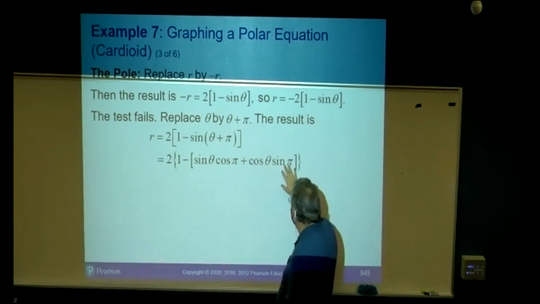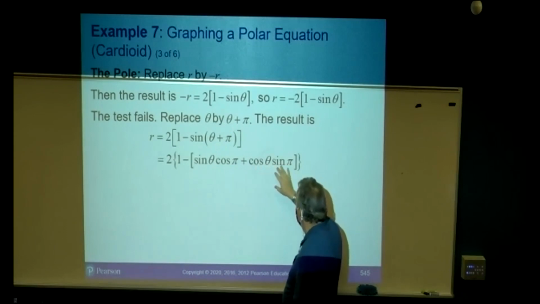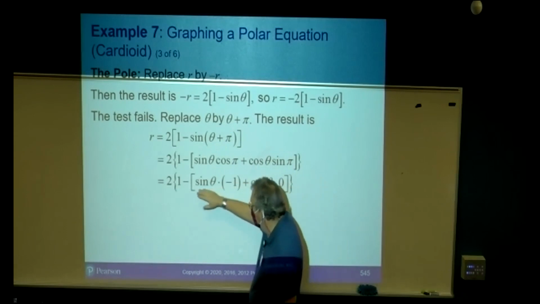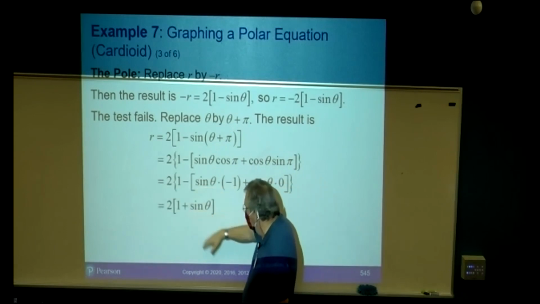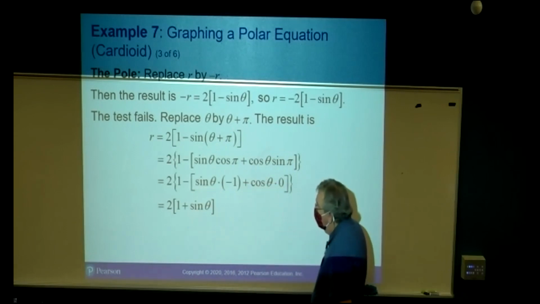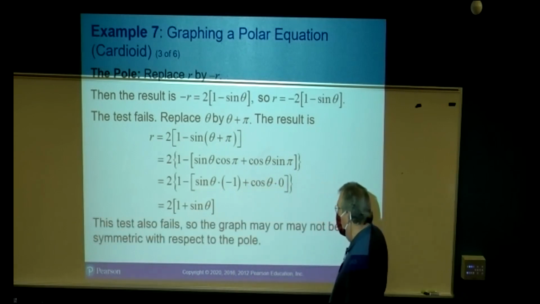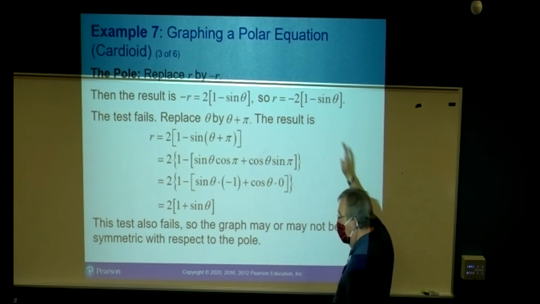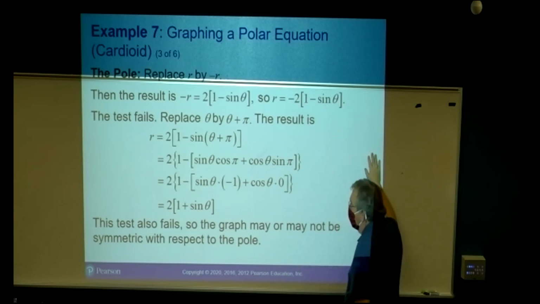So the cosine theta sine pi goes away. And this becomes negative sine, which gives us 1 plus sine. So this test fails. So the graph may or may not be symmetric with respect to the pole, but we know it's symmetric with respect to the vertical line, theta equals pi over 2.